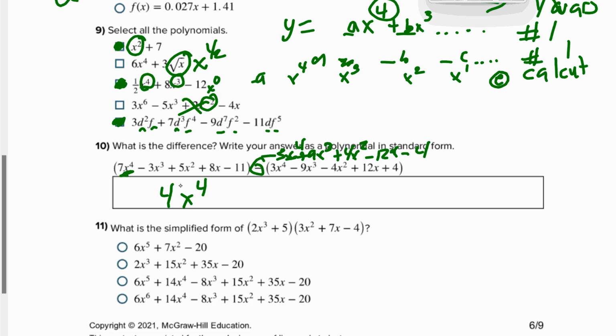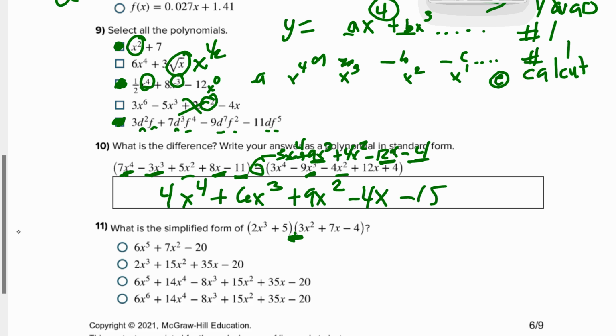Then get all your x cubes together: x cubed and x cubed, because that became a positive 9, so that's positive 6x cubed. Then get all your x squareds together, so that becomes 9x squared. All your x's: x and now a negative 12x, so that's a negative 4x. Then negative 11 and negative 4 is negative 15.